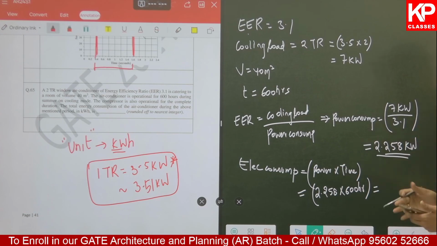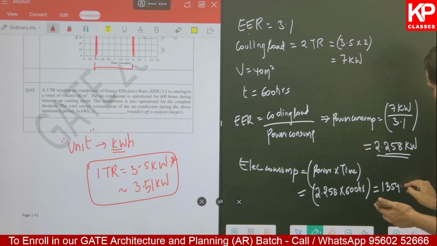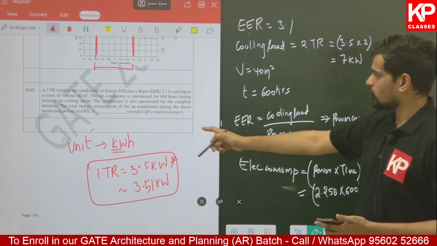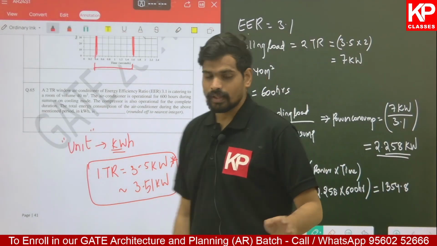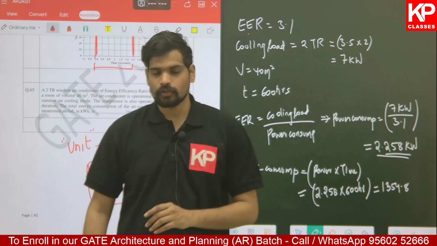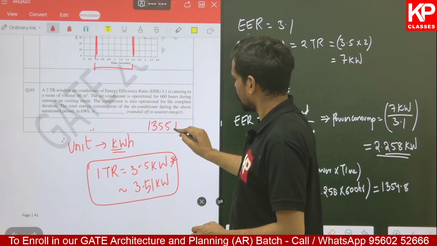So 2.258 multiplied by 600 is coming out to be 1354.8. They're asking us to round off to the closest integer, so the answer will be 1355 kilowatt hour.